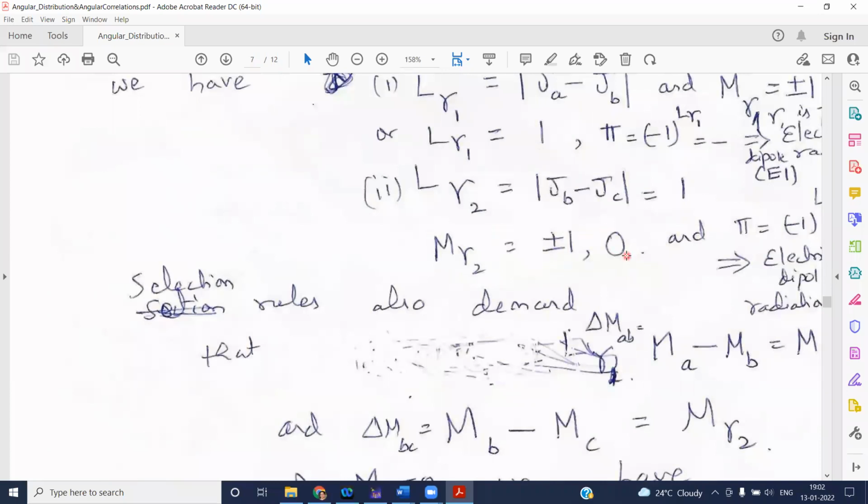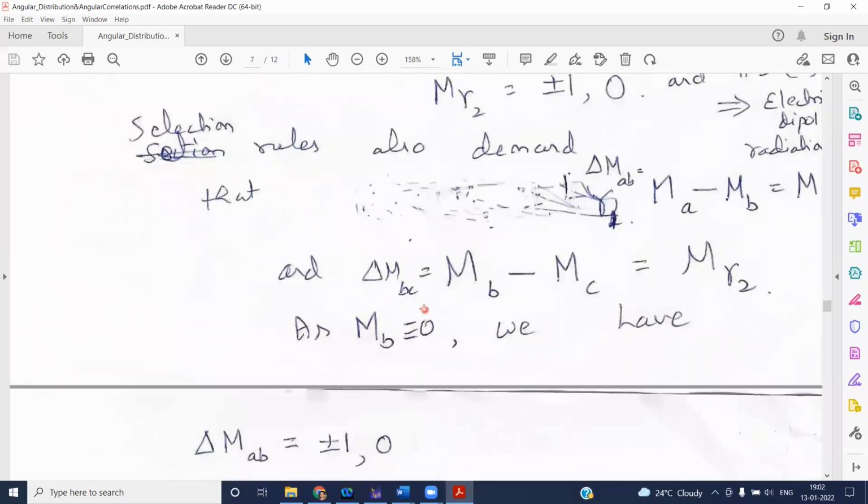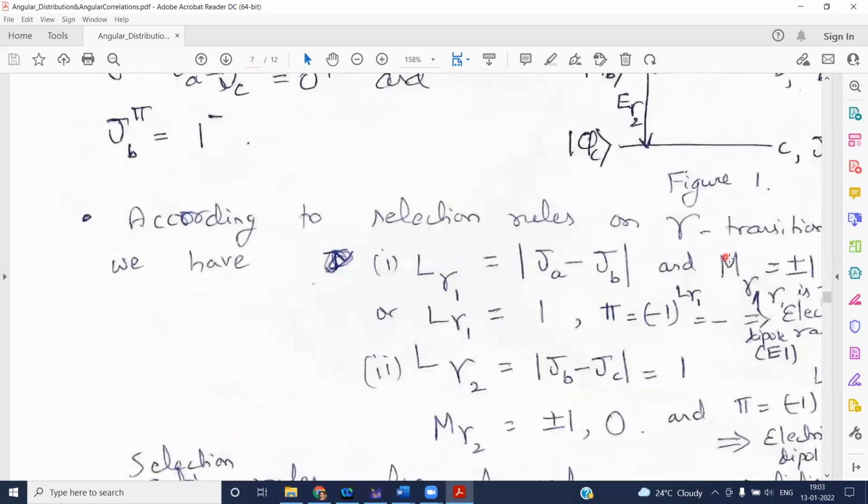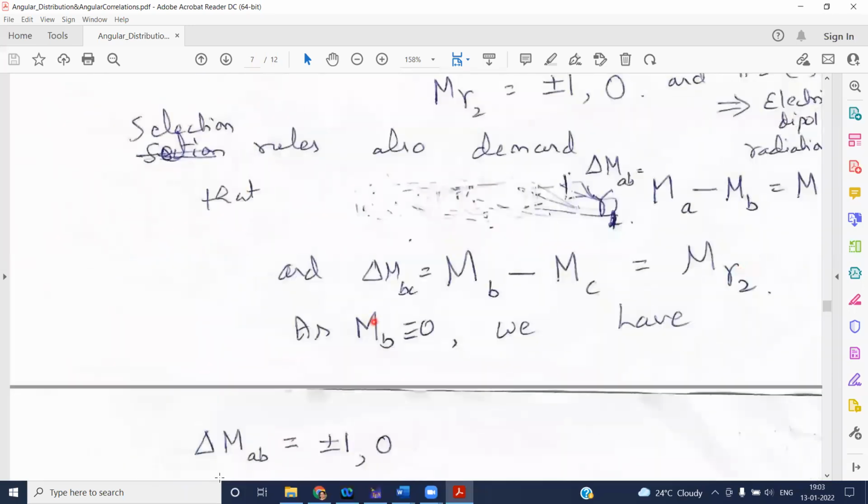So I write down, this is another thing that I have asked you. Selection rules demand that delta MAB is M gamma 1, and delta MBC is M gamma 2. And now, when MB is equal to 0, we obtain delta MAB equal to plus or minus 1 and 0.